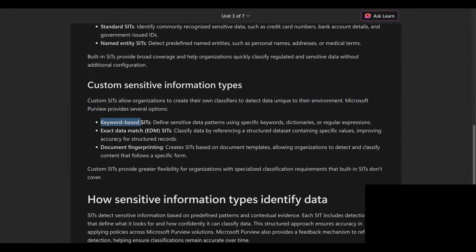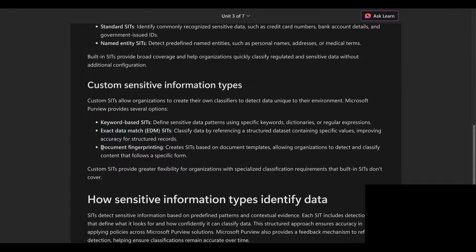You can use keywords. I did show you keywords. I'll show you again for those who missed it. You can use exact data match, meaning that anyone who types specific words that are matching exactly what I'm looking for, then they'll be detected.